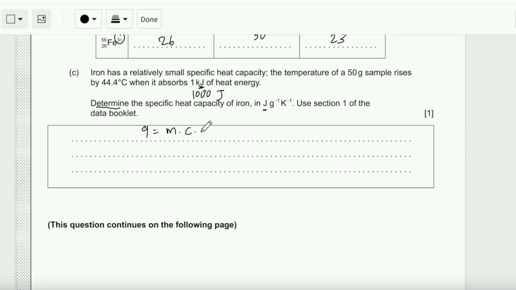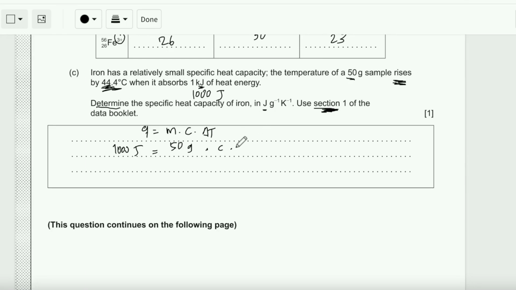Specific heat capacity, Q = mc delta T. Section 1 usually contains all the formulas. m is 50 grams. Q is 1000 joules, times c, times 44.4 degrees Celsius.